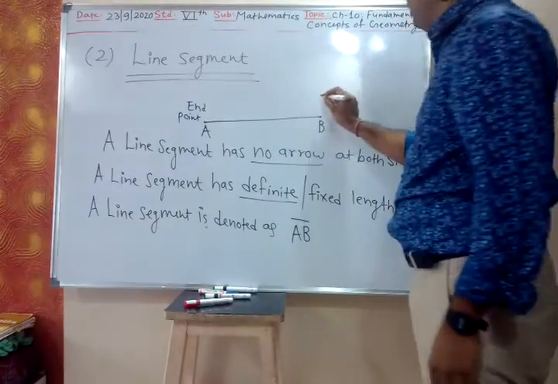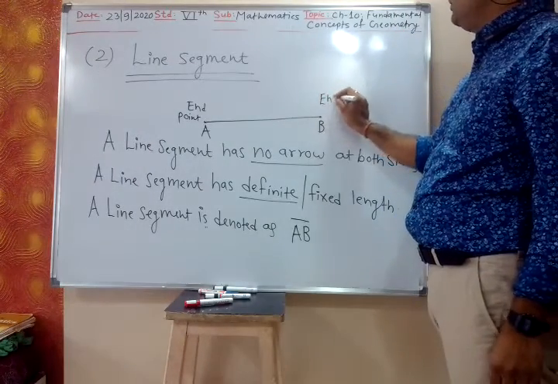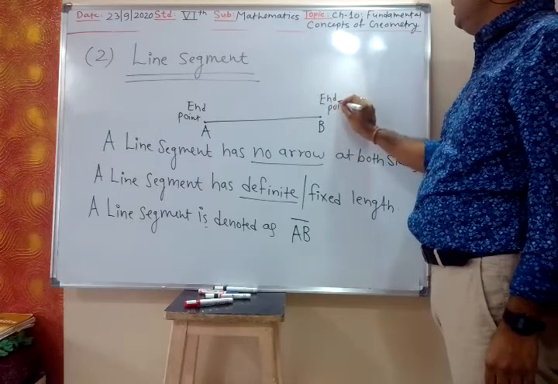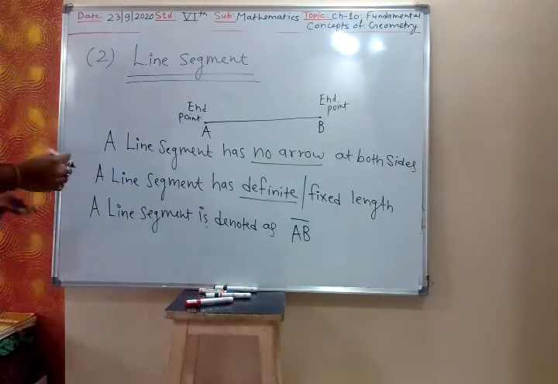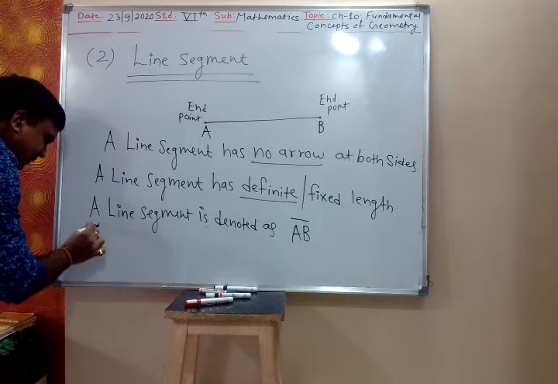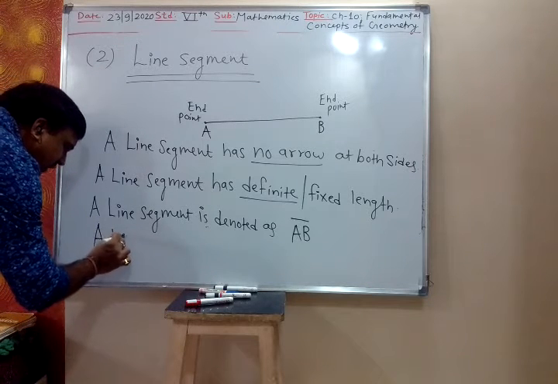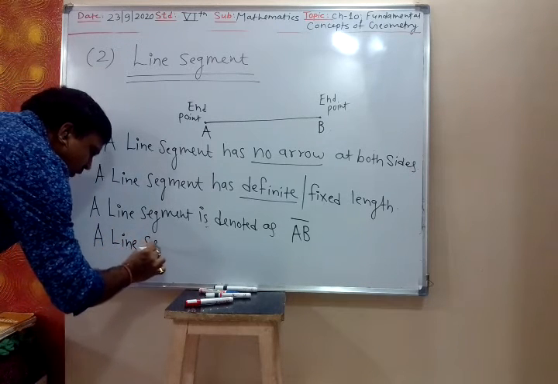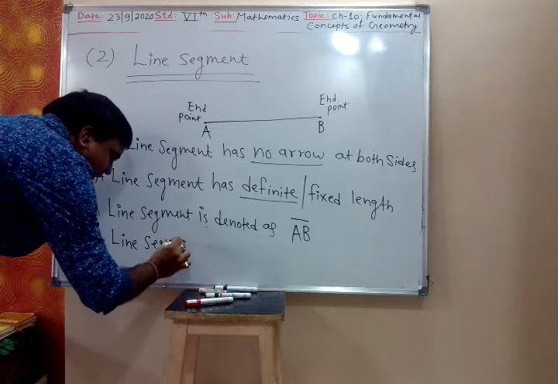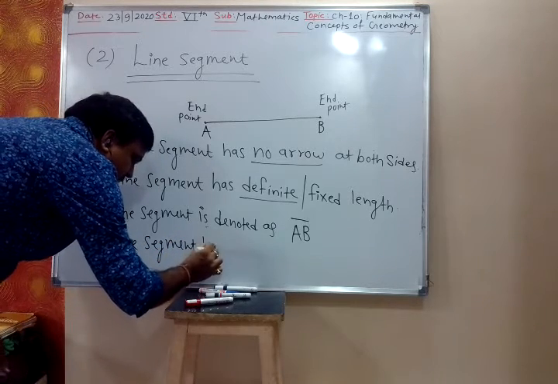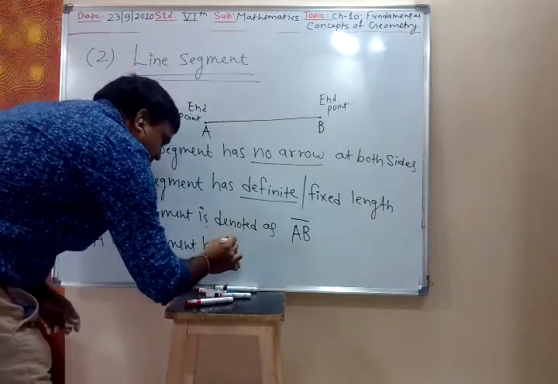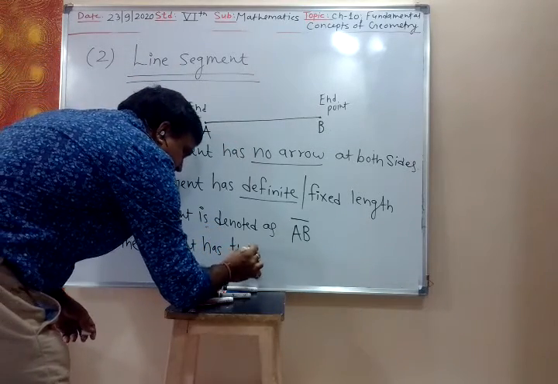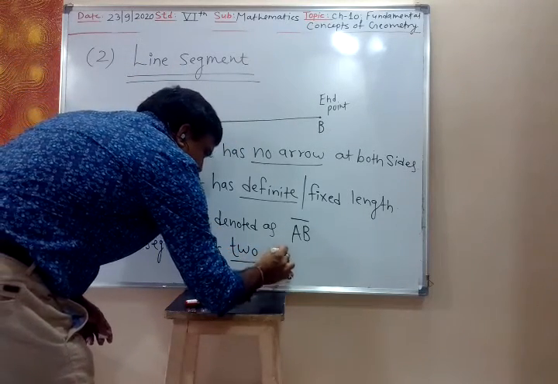B is also an endpoint. So, a line segment has two endpoints. A line segment has how many endpoints? Two endpoints. A and B are the two endpoints.